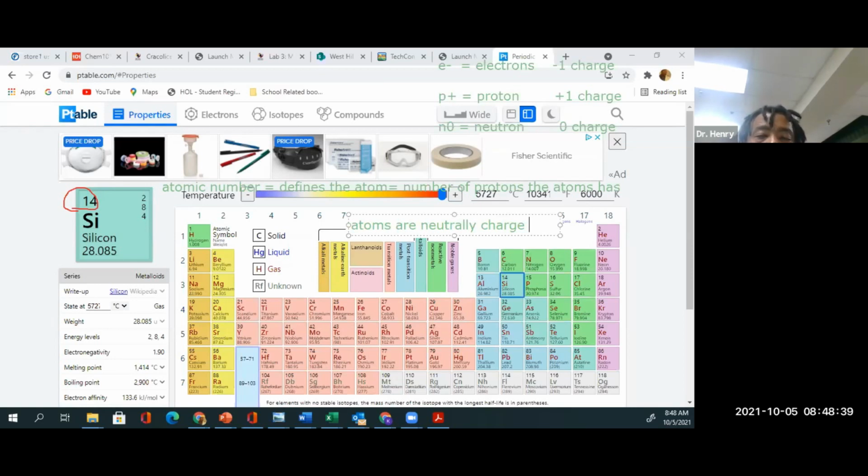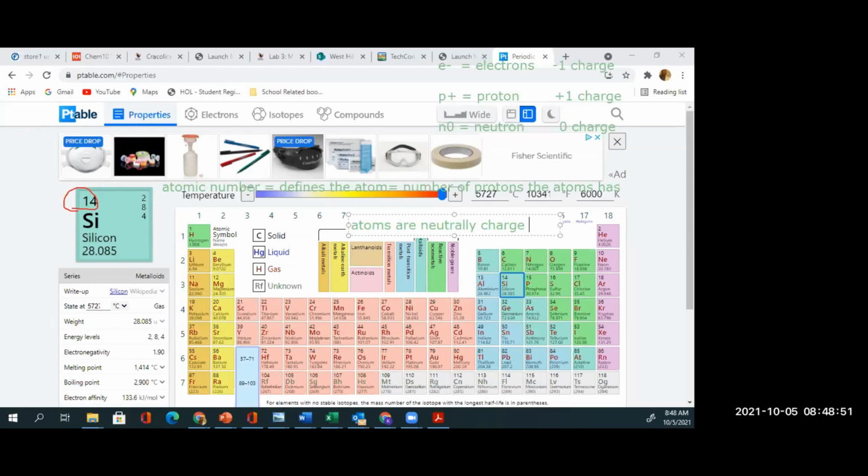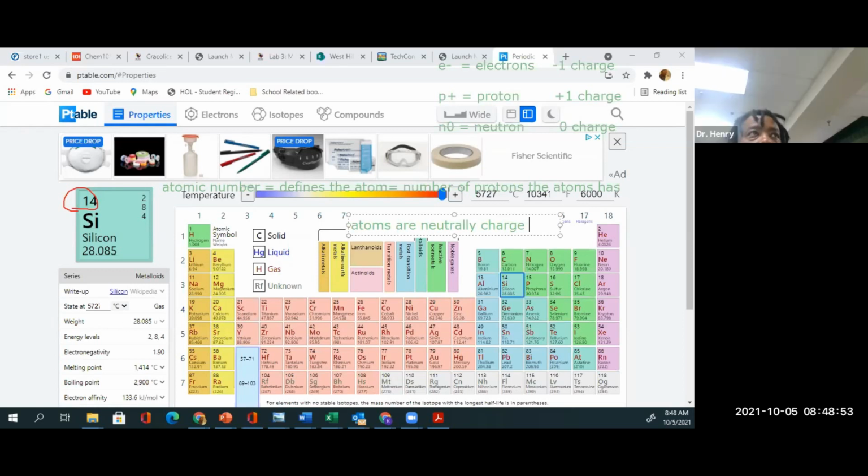How many electrons must I have to balance it out, so it has a total charge of 0? Is it 14? That's right. So I need to have 14 electrons. So we know that silicon has 14 protons and 14 electrons.